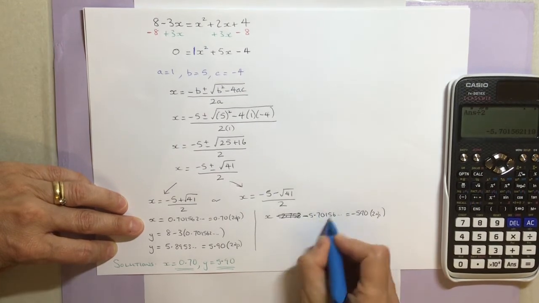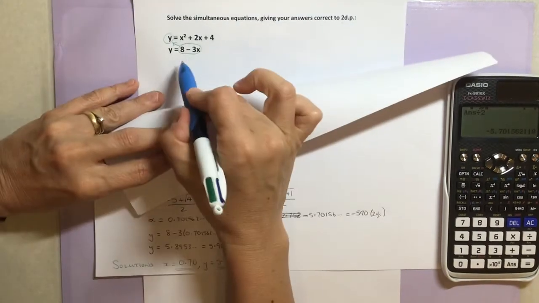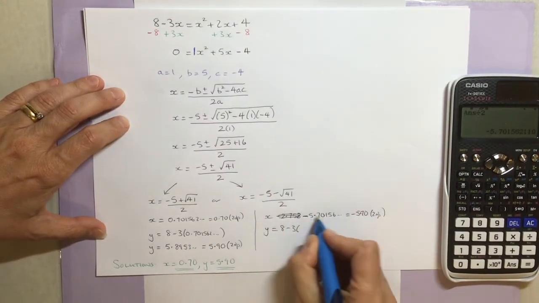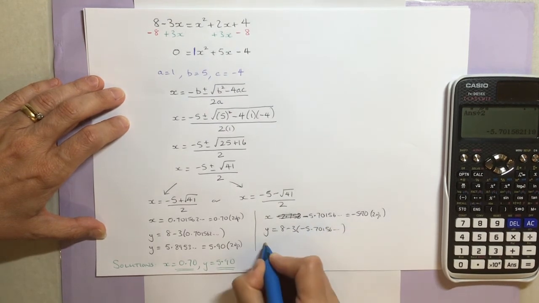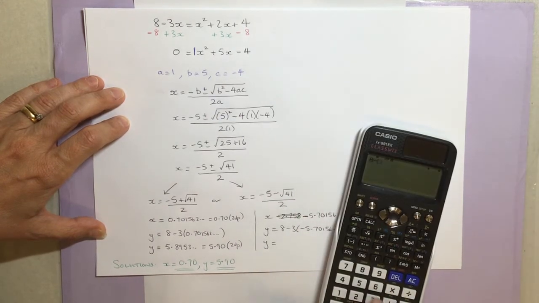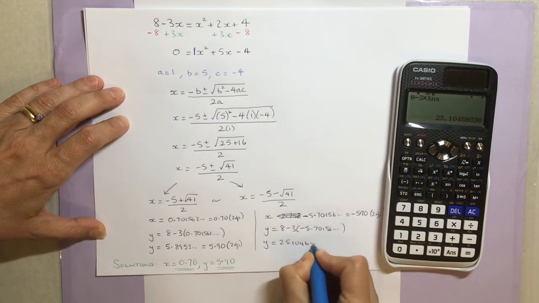But I'm going to use this full answer to find my value of y. y is equal to 8 minus 3 times x. So 8 minus 3 lots of this thing, minus 5.70156, which I've kept on my calculator. So 8 minus 3 times my answer, 25.1046.